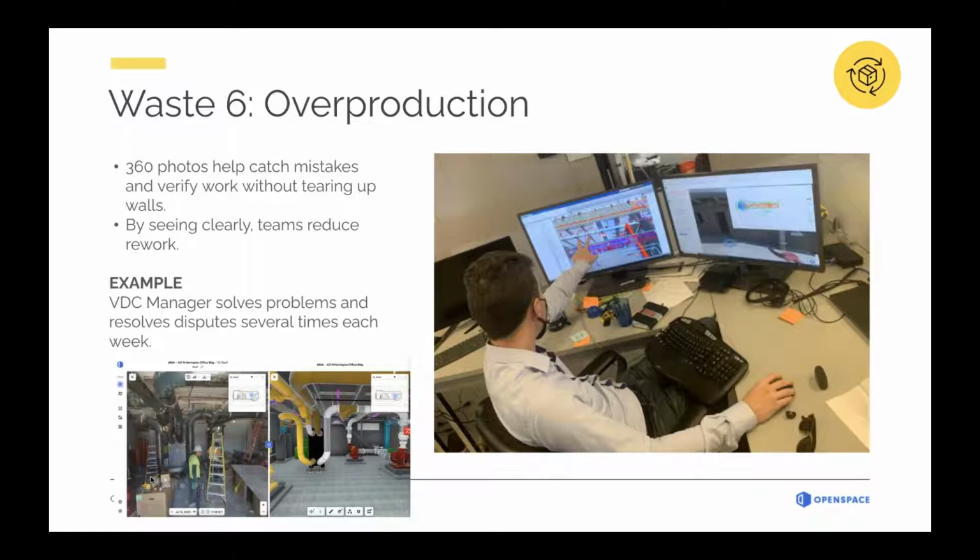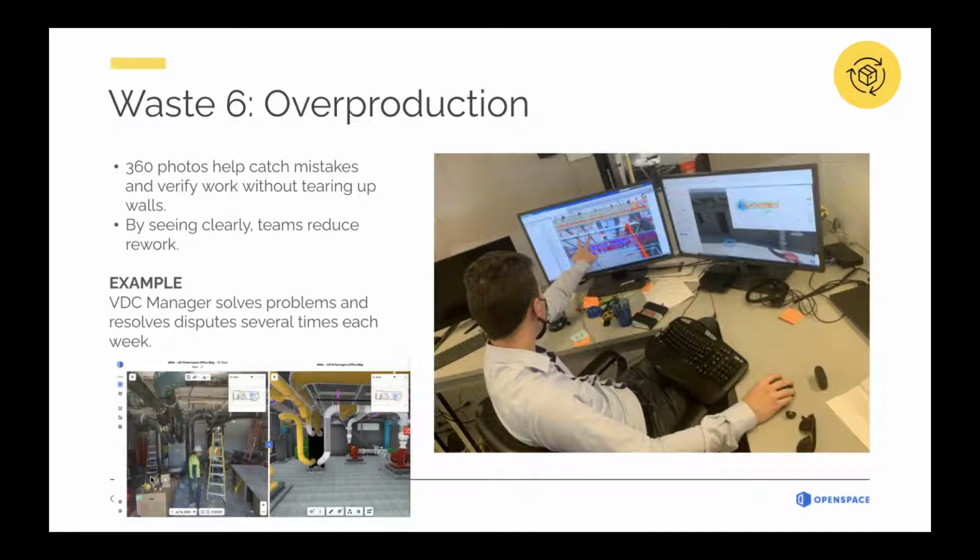Similar to what I'm sure how this VDC manager uses 360 technology, they use this to understand, okay, is that pipe in the right place? What's missing, what's not missing, so that they could almost do what was actually built versus what's there versus what's intended to be there. And it's just a great tool to, like Chris said, fill in the gaps and really solve problems.